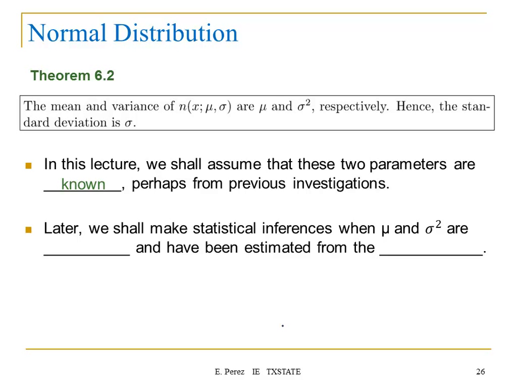But later in this class, you'll have to make statistical inferences when mu and sigma squared, the mean and the variance, are unknown and have to be estimated from the data. So for now, we're going to keep things simple and assume that we know the mean and the variance. Later, we're going to assume we don't know them and have to compute the mean and the standard deviation from the data.